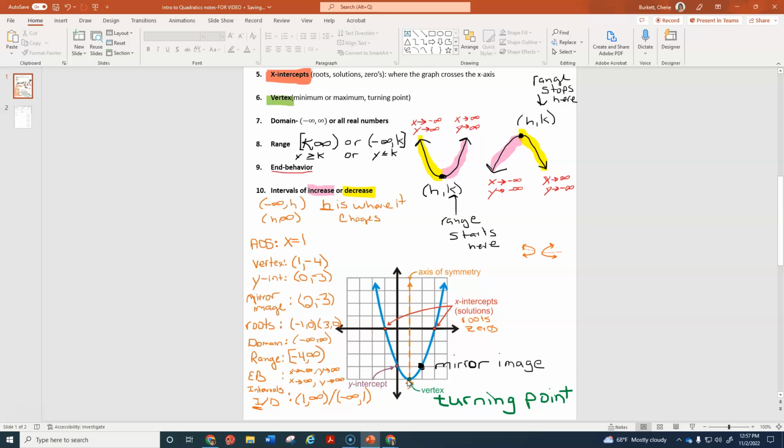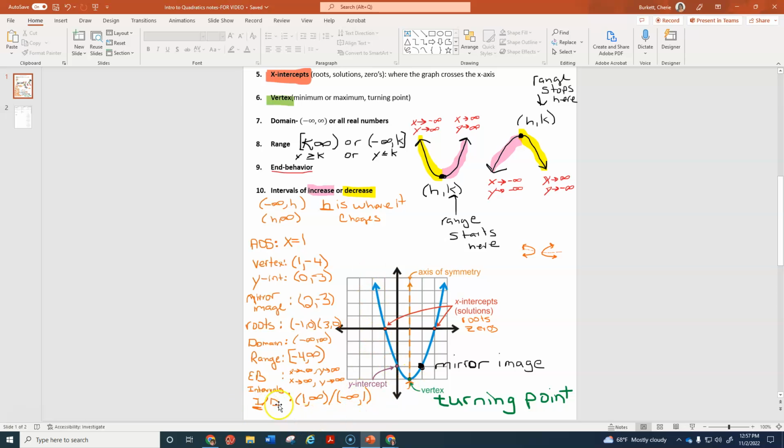That's what it's going to be every time. Now what changes is whether this one is increasing or whether this one is decreasing. That's the only thing that changes, but these are going to be your two answers. You just have to get it in the right order. I ask for increasing/decreasing, so this is the increasing one and this is the decreasing one right here.